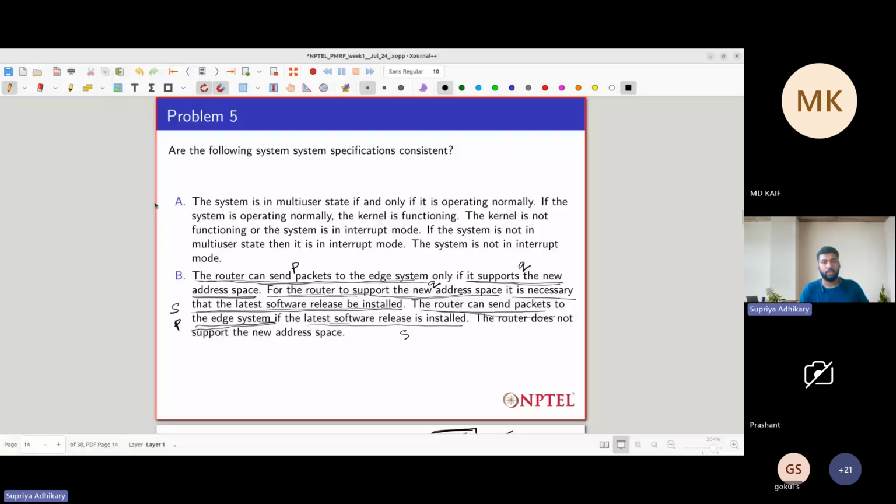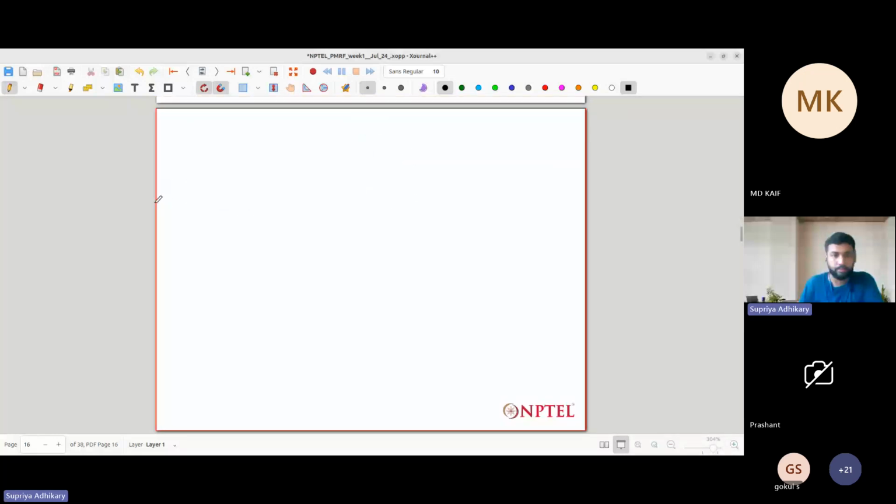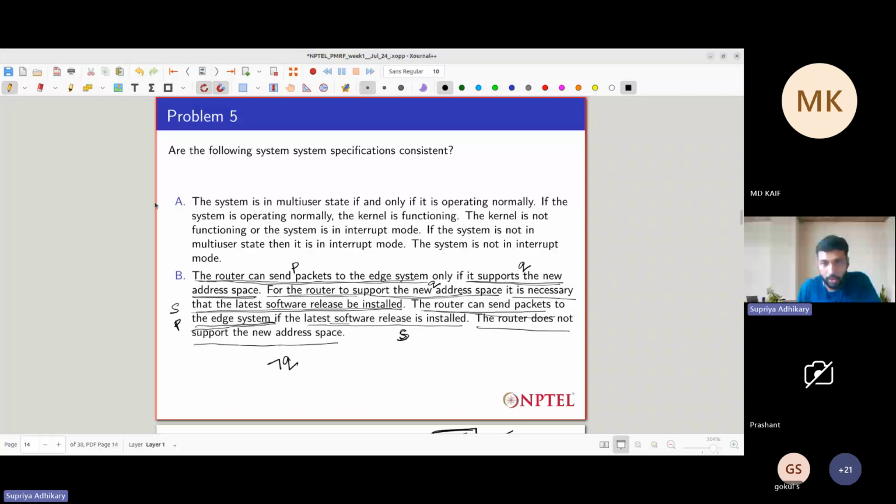The router does not support the new address space. And finally, we have negation of Q. So the first statement was that P only if Q. The second statement was that for Q, S is necessary.